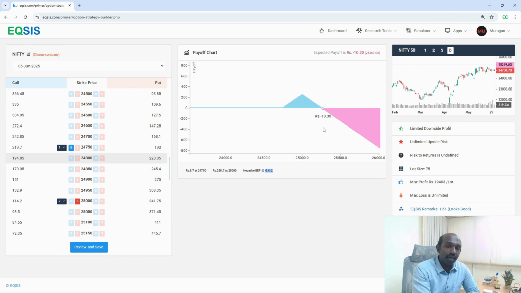So remember, 25,258 is the place where you start losing money. If the market is extremely bullish, you will have a shorter break-even point, because if the market is extremely bullish, you tend to lose on that particular side.